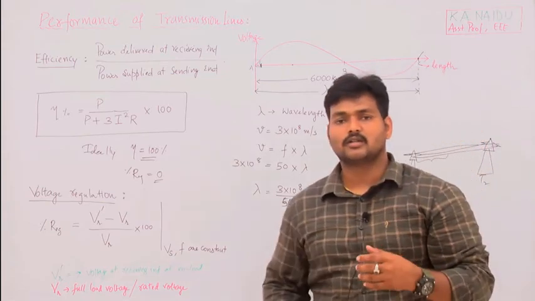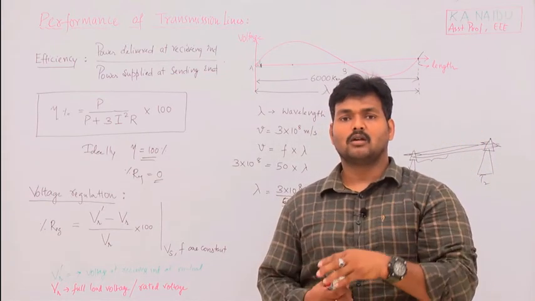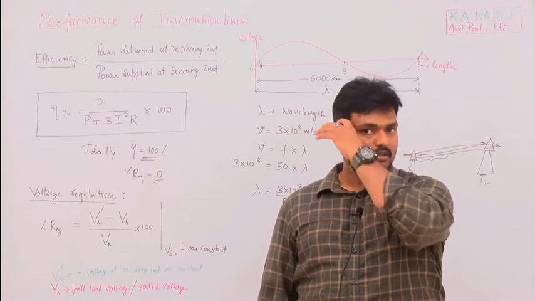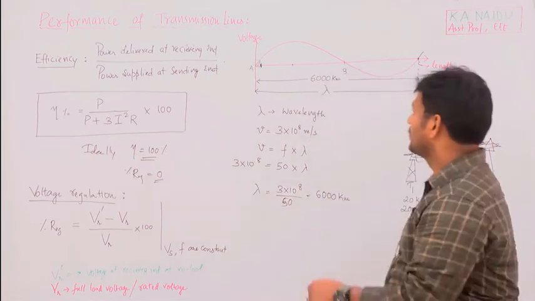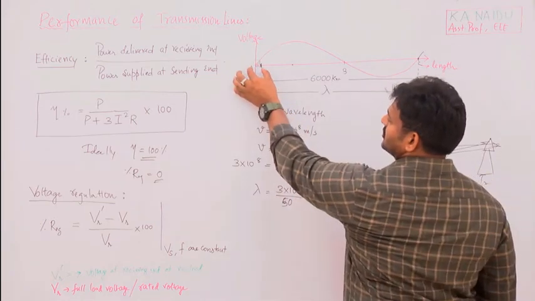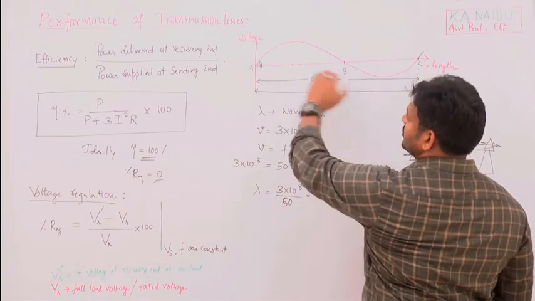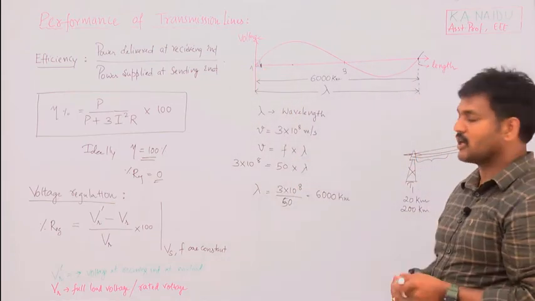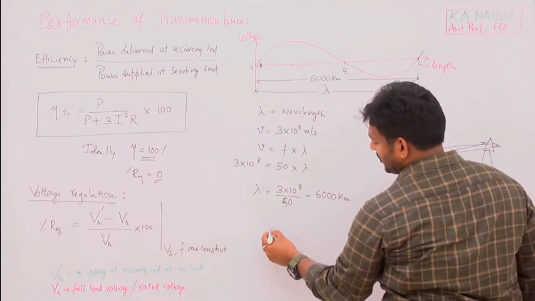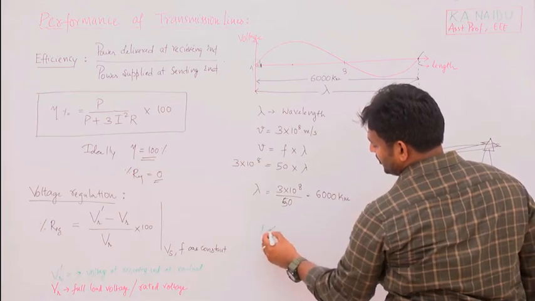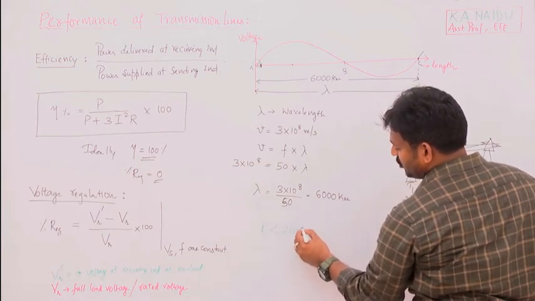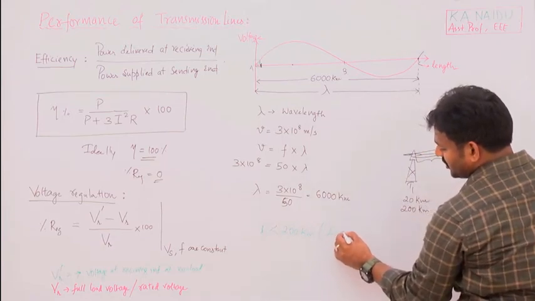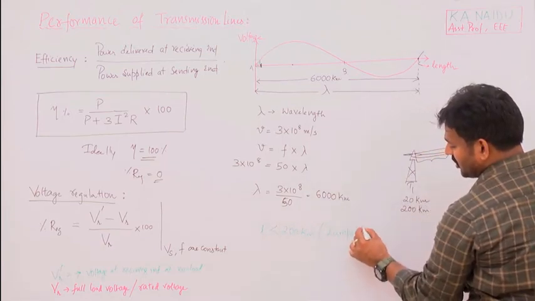Therefore, you can assume that the parameters, that is inductance, capacitance, resistance and conductance, are constant along the length of the line. They are not distributed. You can assume that they are lumped parameters. That is, when the length is less than 200 kilometers, you can assume that all the transmission parameters are lumped parameters.